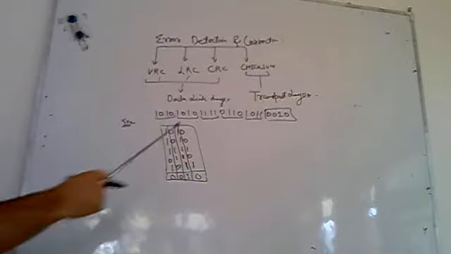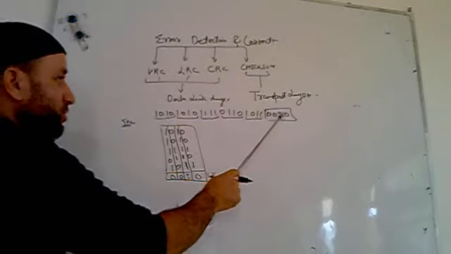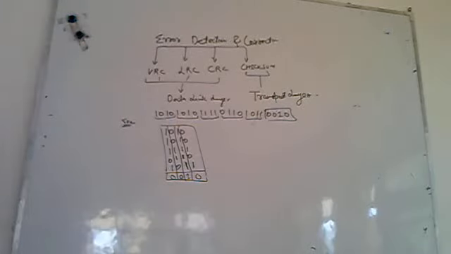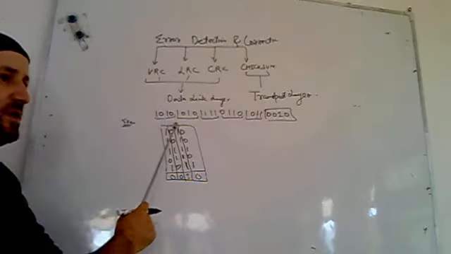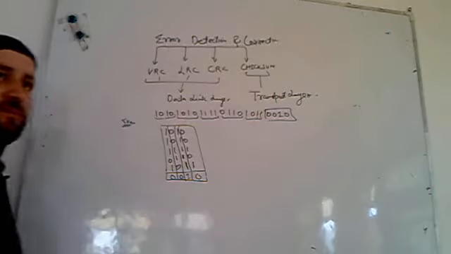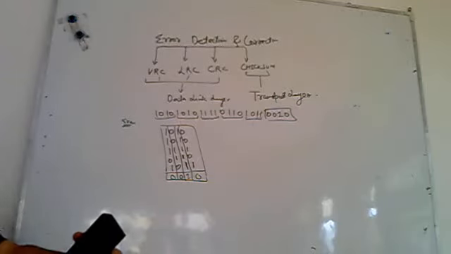So I will not send only the data, but also the LRC of it. This 0 0 1 0 is not 1 bit, these are 4 bits, because I have taken 4 bits. If I had taken 8 bits, this would be 8 bits. So I have to send this redundant code, the LRC, with my actual data.